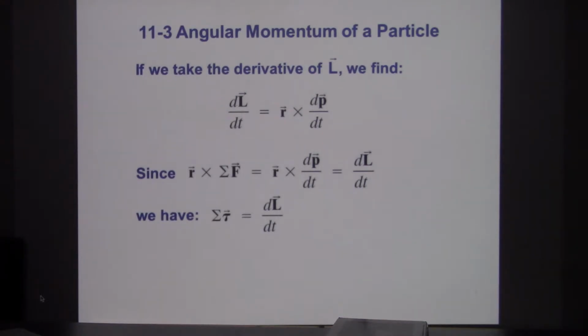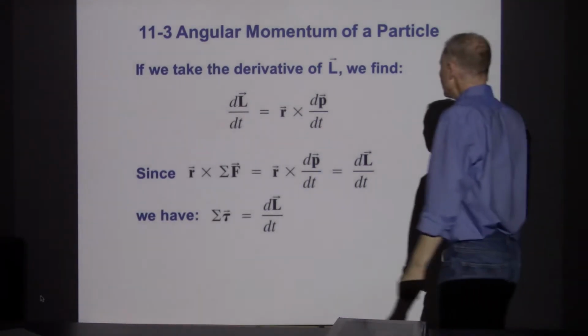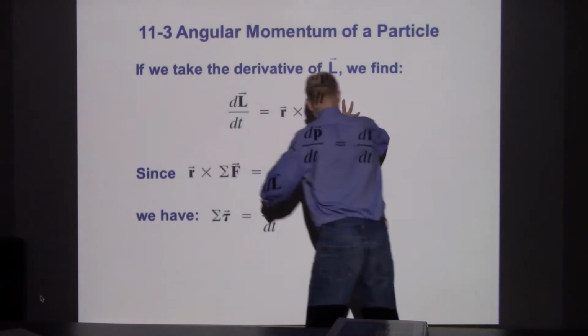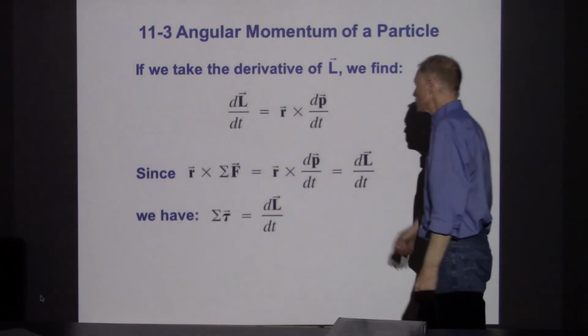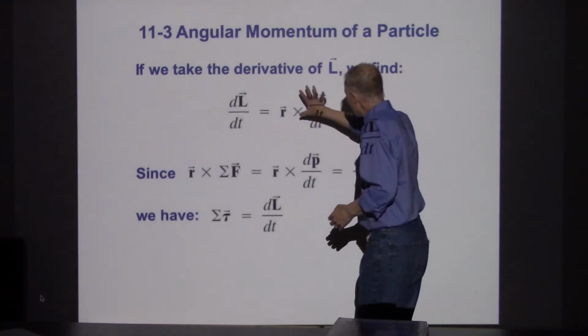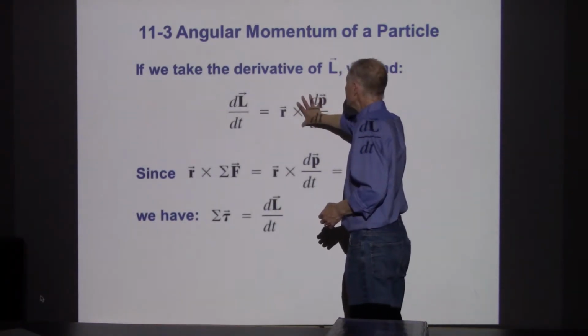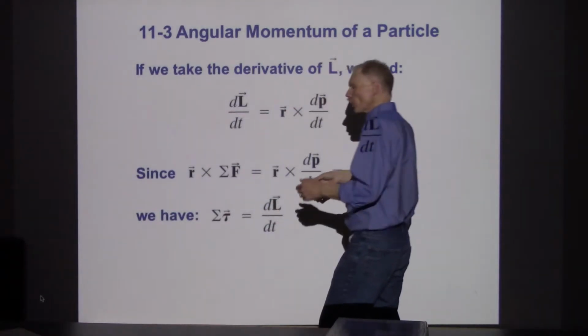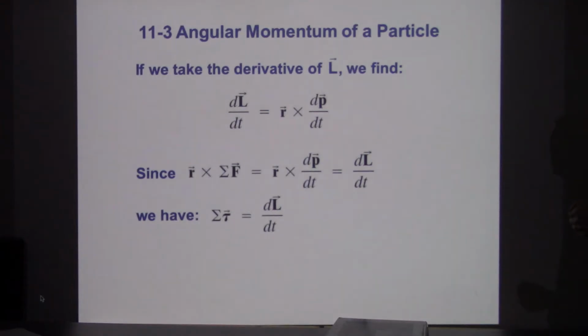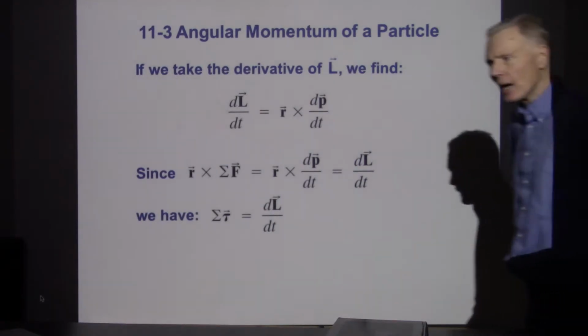It's just r cross dp dt, and then this is force. So if we take r cross the force, that's going to lead us to torque. What they're trying to show here is that this side is going to become torque. So starting from linear motion equations, now what we've done is derived formulas for angular momentum and torque and how those are related.